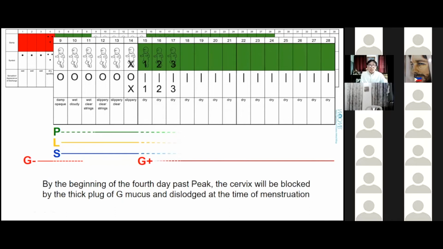On day 18, the G plus mucus completely closes the cervix, and it continues to appear throughout the luteal phase. By the beginning of the fourth day past the peak, the cervix will be blocked by the thick plug of G plus mucus, and it will only be dislodged the moment there is already menstruation.